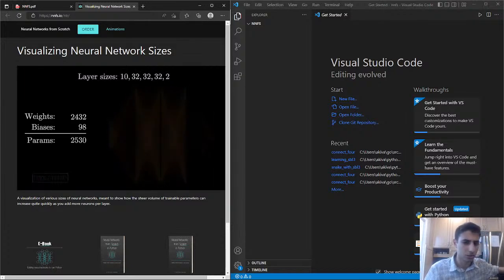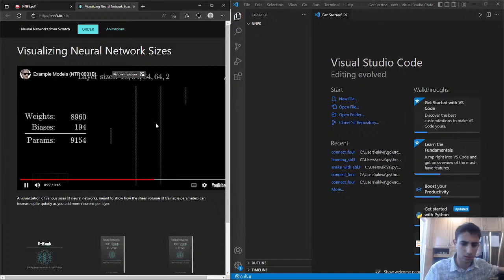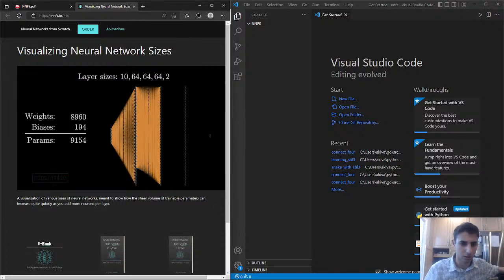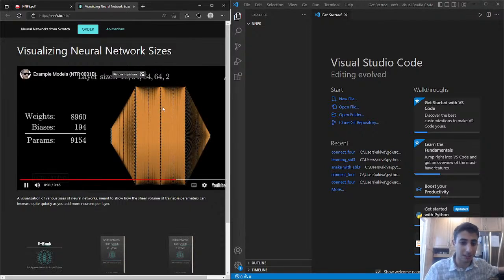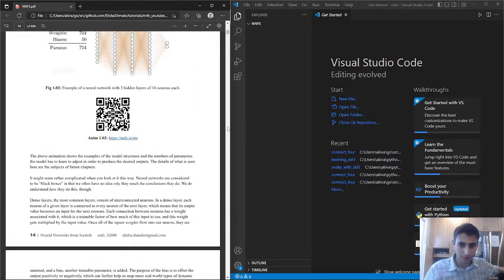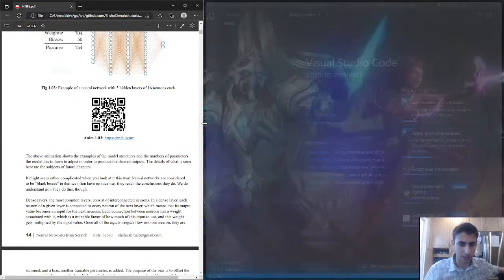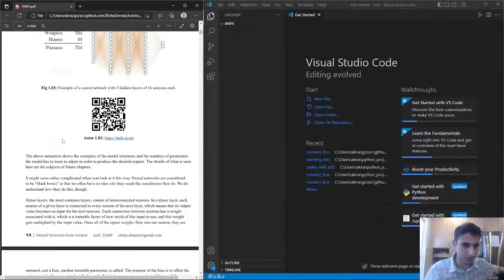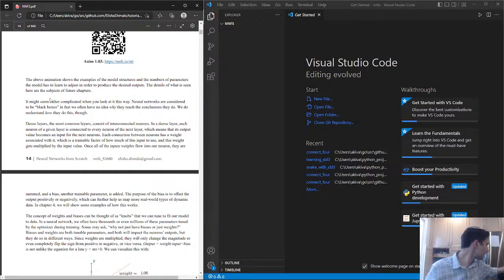What's that sound? It's not coming from my computer. It's weird. Anyway, here's an even bigger neural network, so it's massive. Once we start coding this stuff, it'll make a lot more sense. What is that? Give me a second.